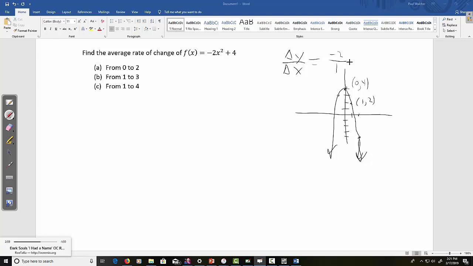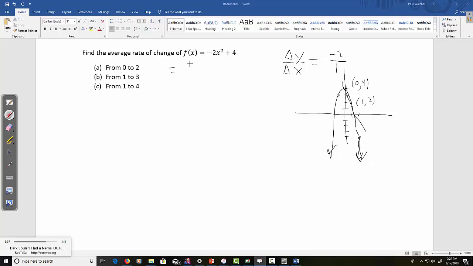We've done this kind of calculation before, though. You may recognize I subtracted the y values over subtracting the x values. Well, that's what we did when we were calculating slope. And that's indeed what average rate of change is on a function. It is the slope of the secant line, the line connecting 2 points on a curve. So when they ask the average rate of change from 0 to 2, it's really just a slope calculation.